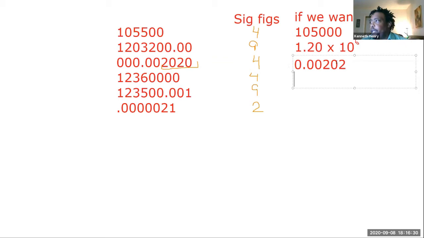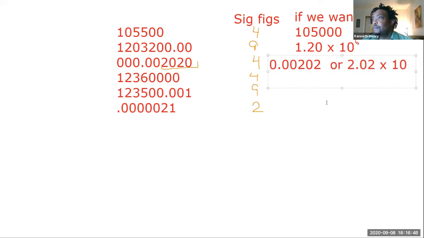You could have written it this way, or in scientific notation, 2.02 times 10 to the negative three.